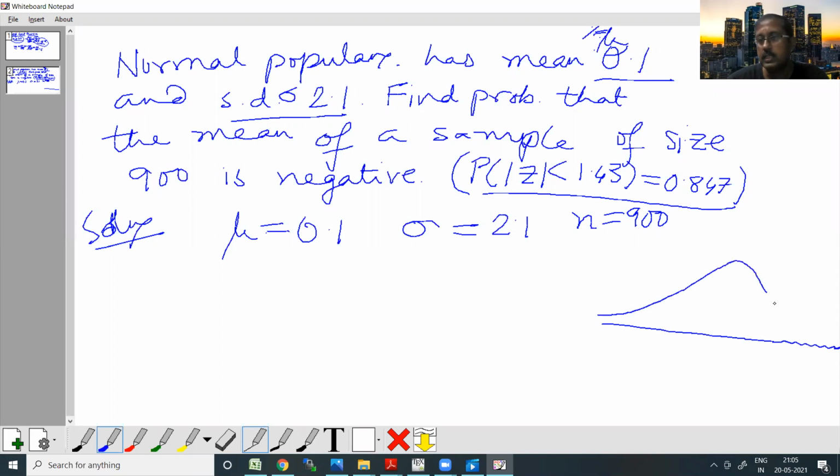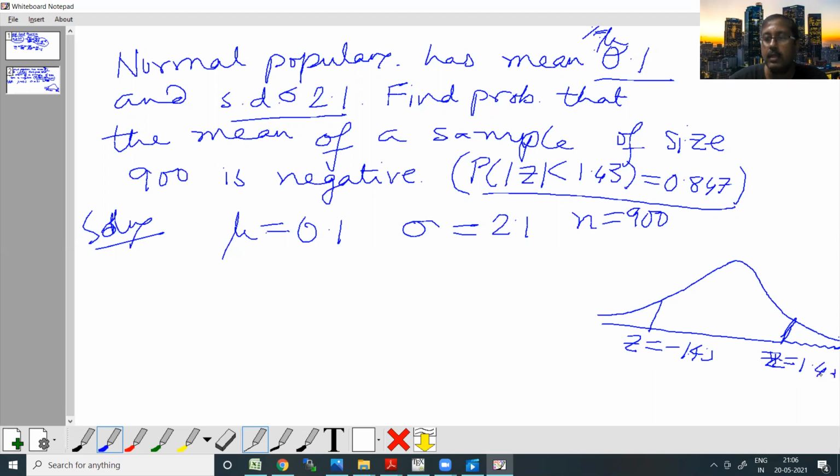So this is the standard normal curve. We have seen that, and the values for mod z less than 1.43. So this is z equal to minus 1.43, and we have another one here, z equal to 1.43.